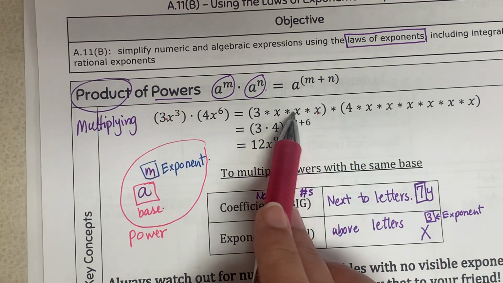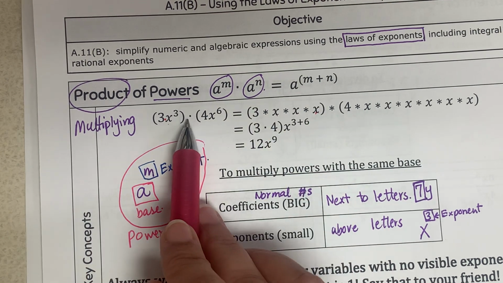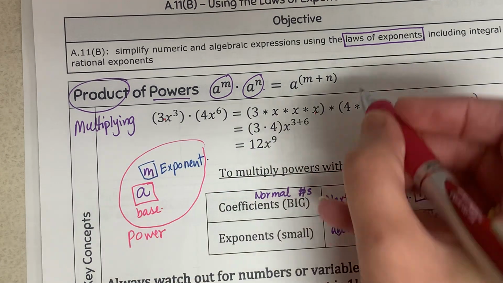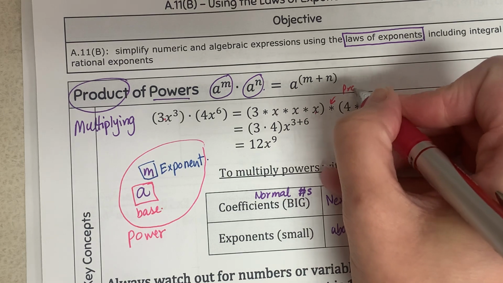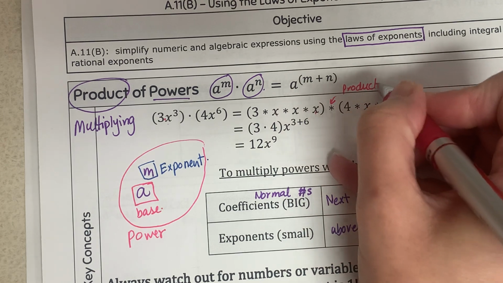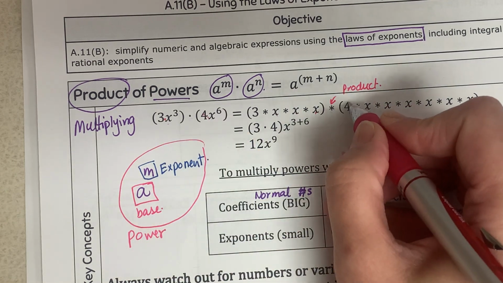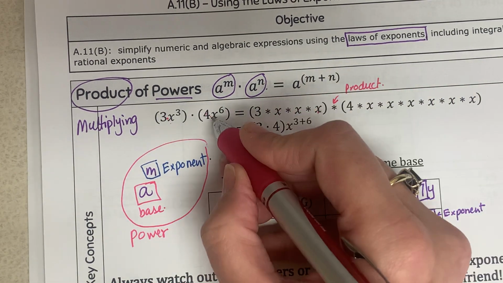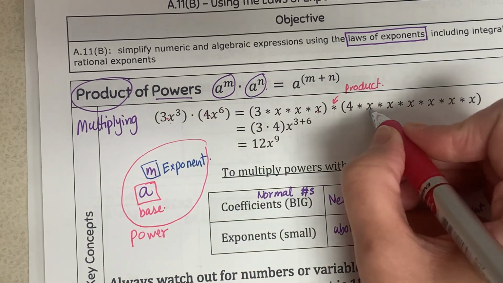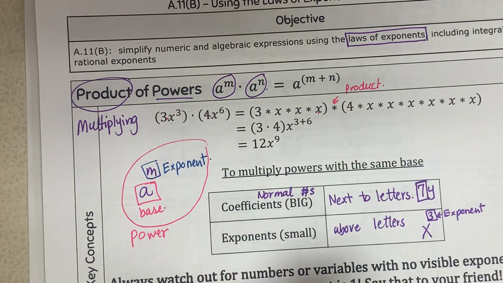Times, that's the multiplication, that means product. 4x to the power of 6, you just write the 4 because it's a normal number. And x to the power of 6 means you have 1, 2, 3, 4, 5, 6 x's over here.